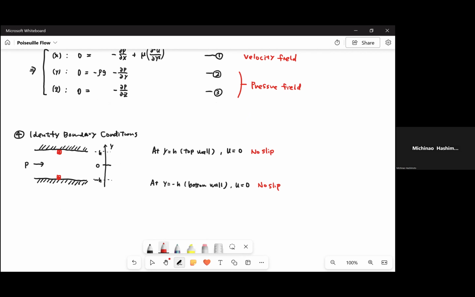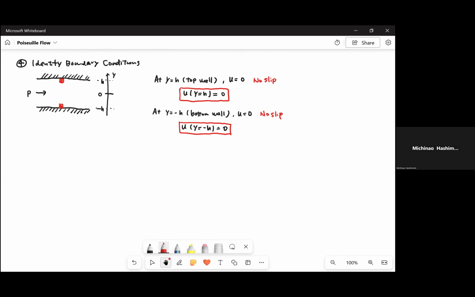If we write them explicitly in equation form, then u at y equals h equals 0, and u at y equals minus h equals 0. So these are the two boundary conditions which allow you to solve the second order differential equation.